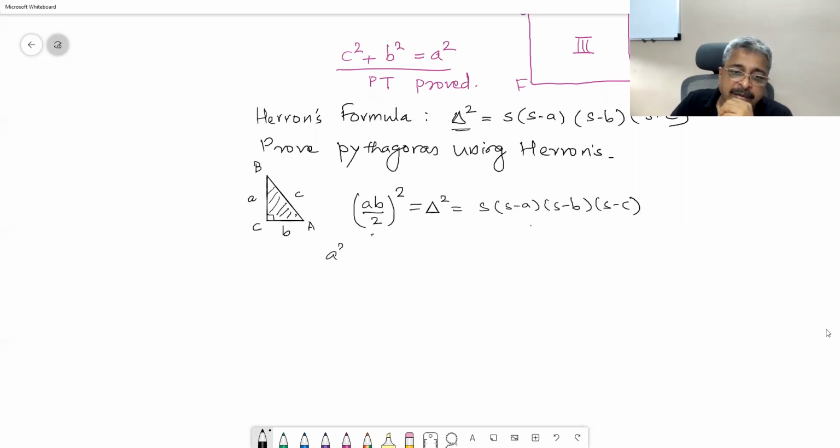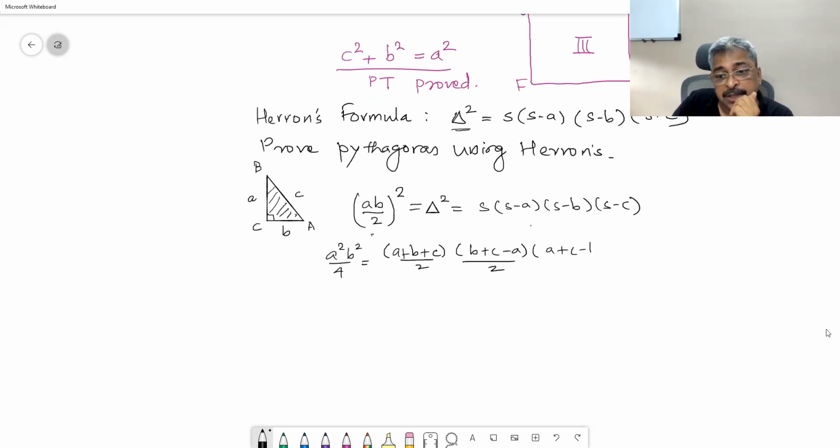So this is A square B square upon 4 is equal. Now what is S? A plus B plus C divided by 2. What is S minus A? S minus A is B plus C minus A divided by 2. What is S minus B?